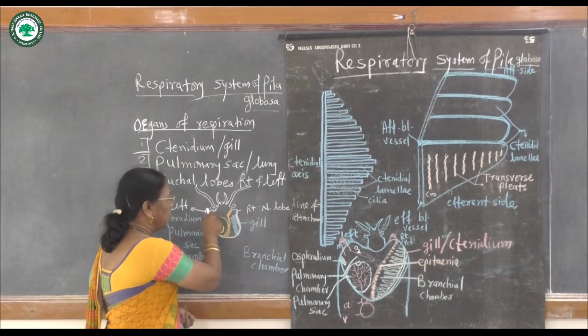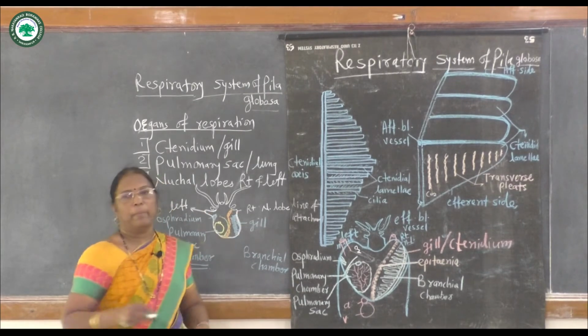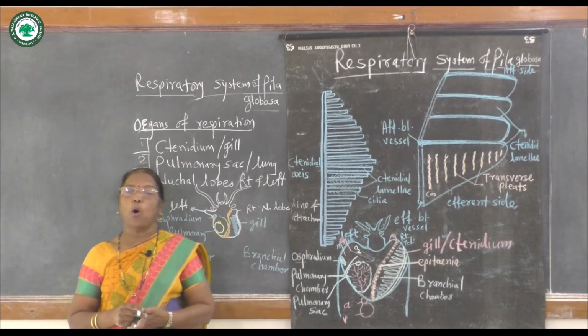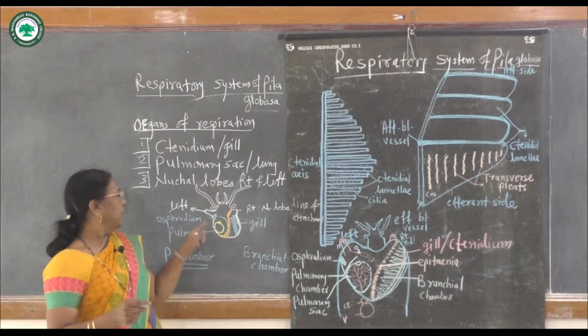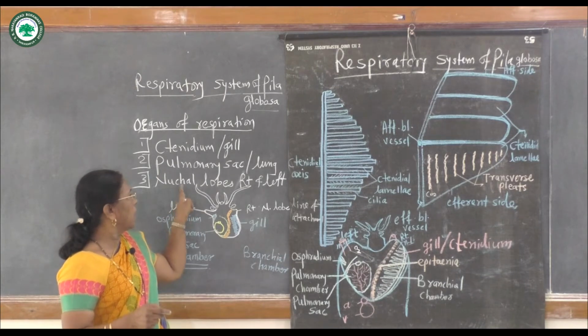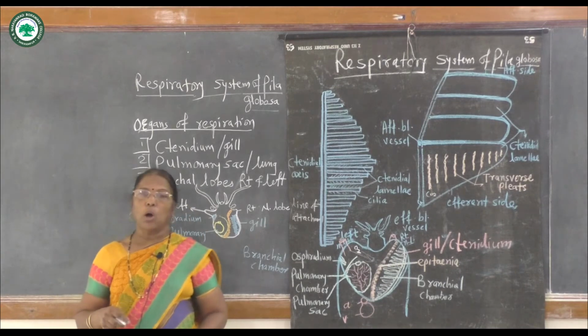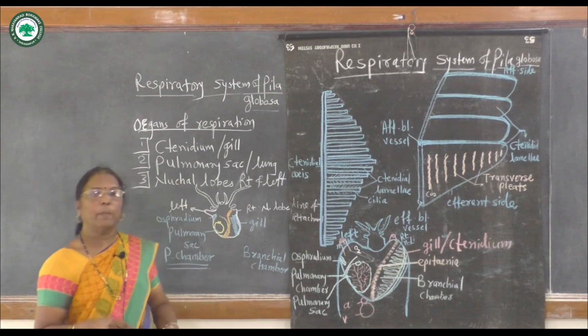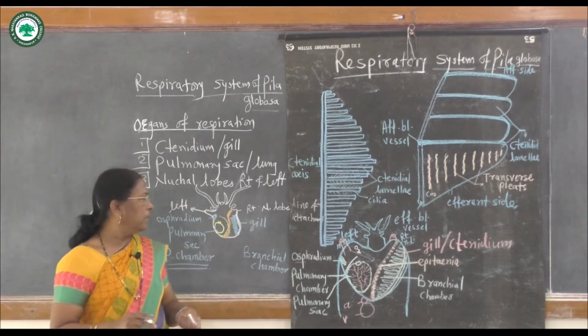the mantle wall itself becomes elongated and forms a funnel. Here there is the left funnel, which is larger. This left funnel is also called the left nuchal lobe, left pseudopodium or left siphon.